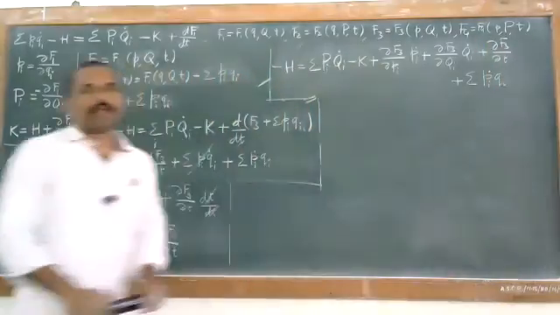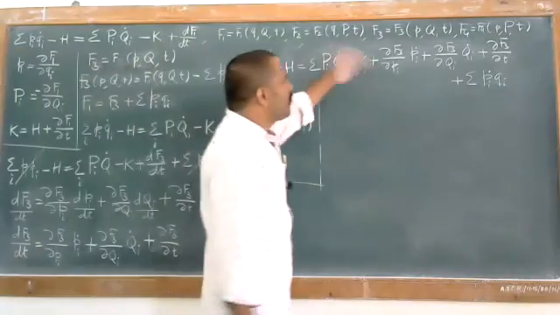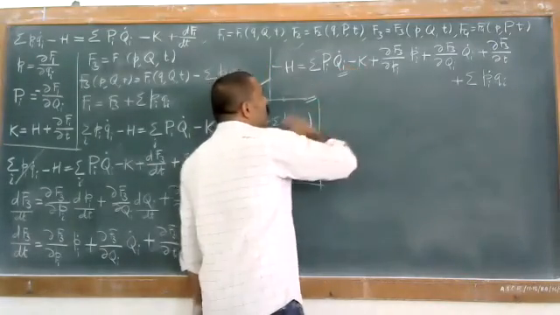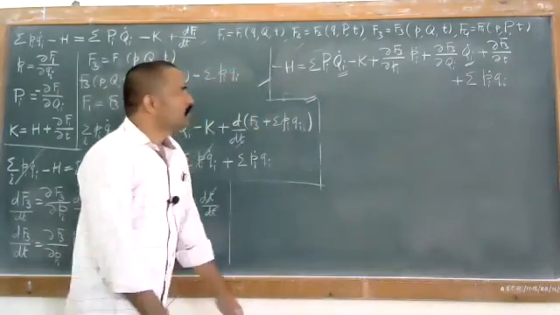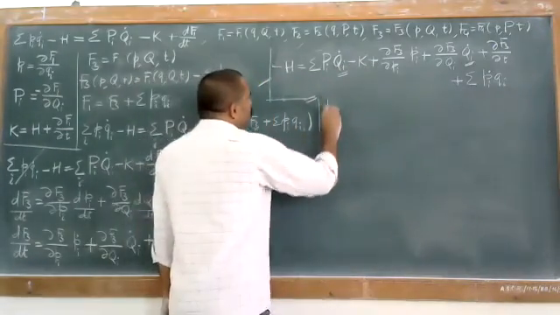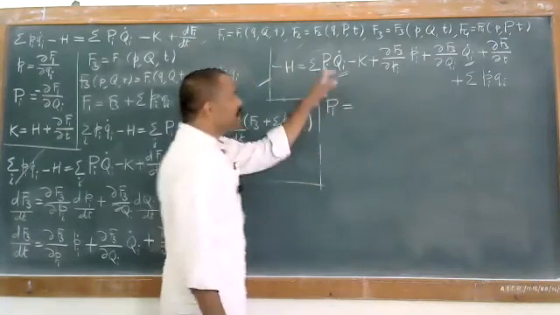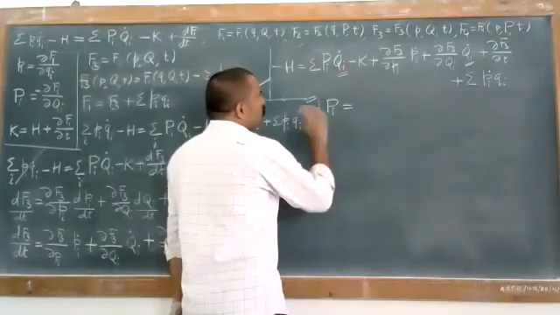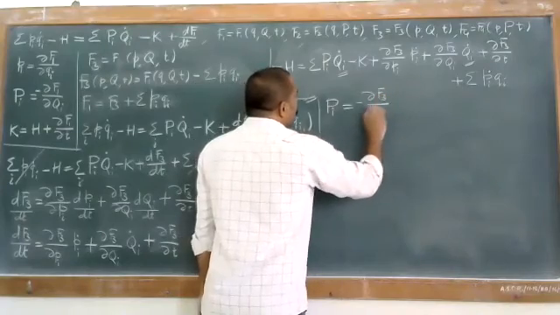Now what are the remaining conditions? The remaining condition is that we'll have to compare these terms. Look at Q_i dot: it must be compared with this Q_i dot, and what should be the value there? The first one, capital P_i, is equal to, now this is also plus, so we transfer this to the LHS, and so P_i is equal to minus partial f3 by partial Q_i.